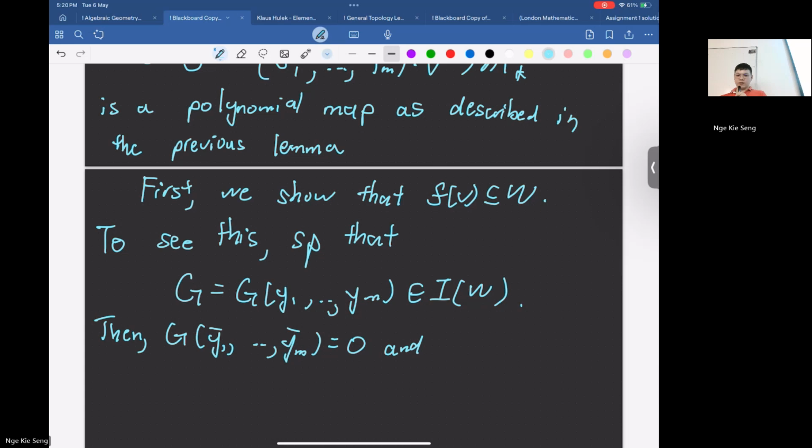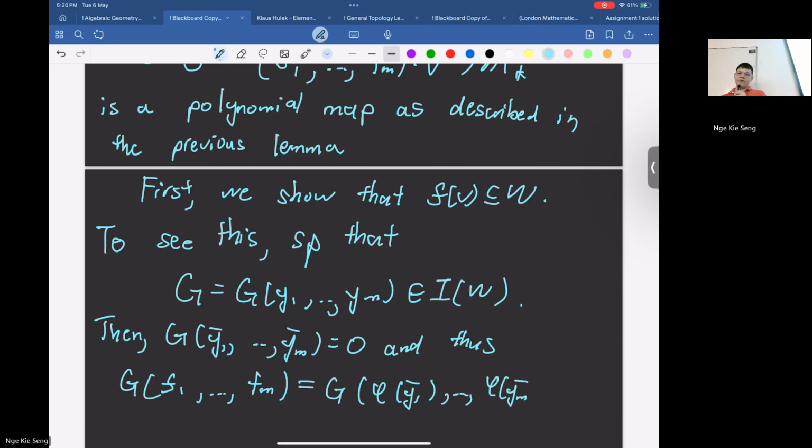So let's look at this G on all these images f_i. But how do we define this f_i? This f_i is really the image of the coset y_i bar. But the important thing here is, what do you hope for?